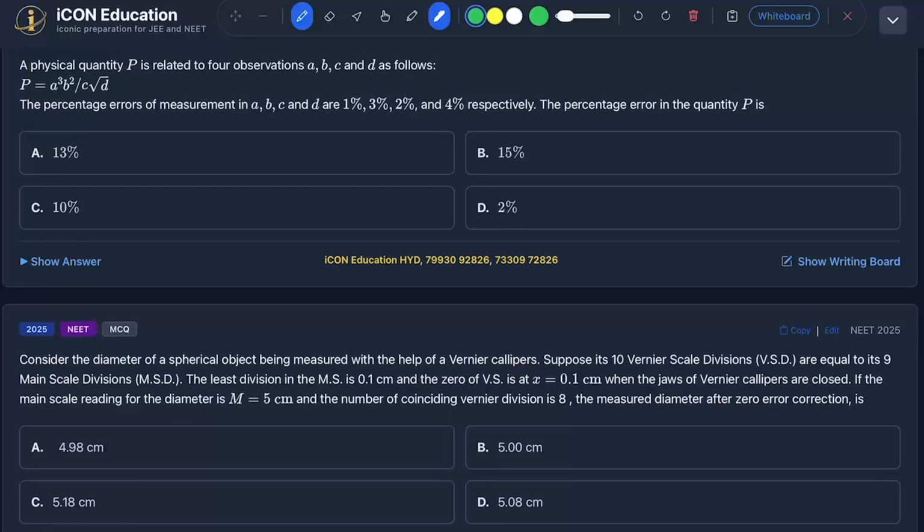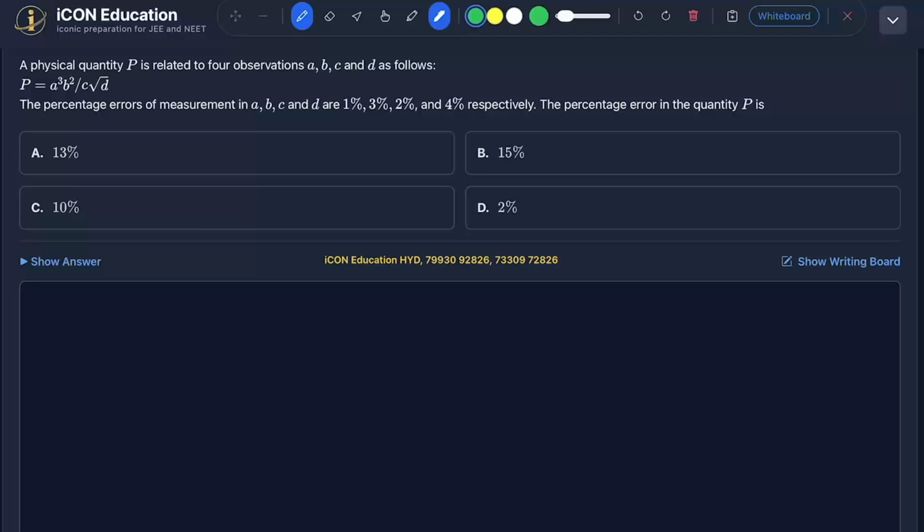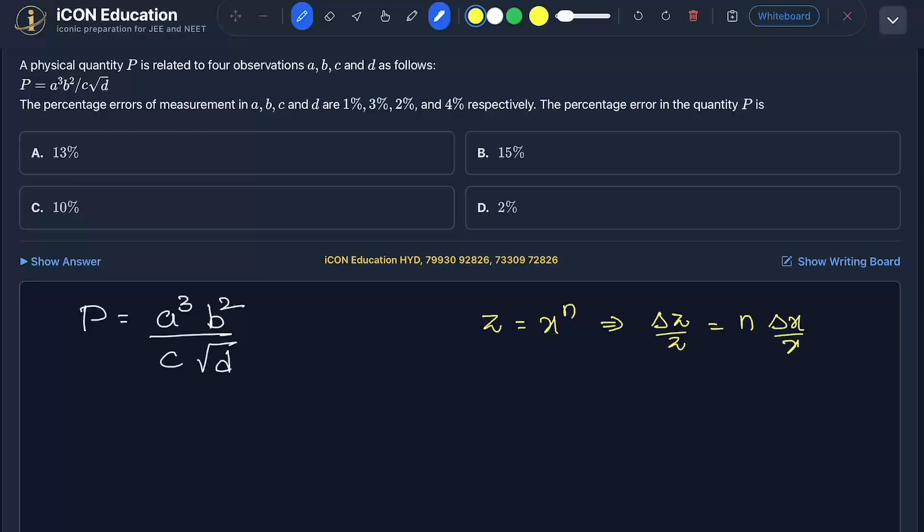So this is based on relative error concept. Okay, so first let me take the physical quantity given, P equal to A cube B square by C root D. Now here we have some rules for finding relative error. For example, if you have exponent rule, Z is equal to x power n, delta Z by Z relative error equal to n into delta x by x.